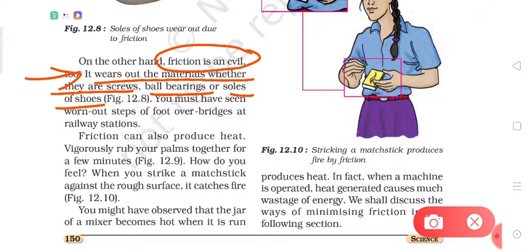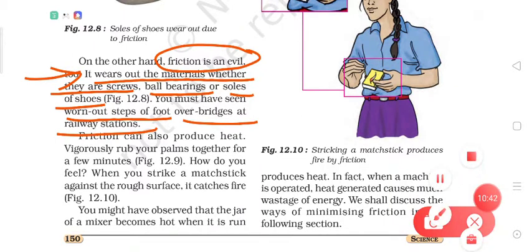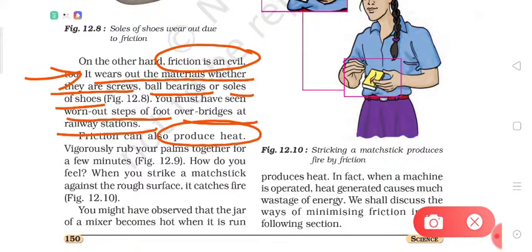In the same way, you must have seen the worn out steps of foot over bridges at the railway stations. The foot over bridges get worn out because of friction. One more thing to note is that friction produces heat. When you rub your palms together for a few minutes, you feel warmer, right? In the same way, when you strike a matchstick against the rough surface of the matchbox or any other rough surface, it catches fire.